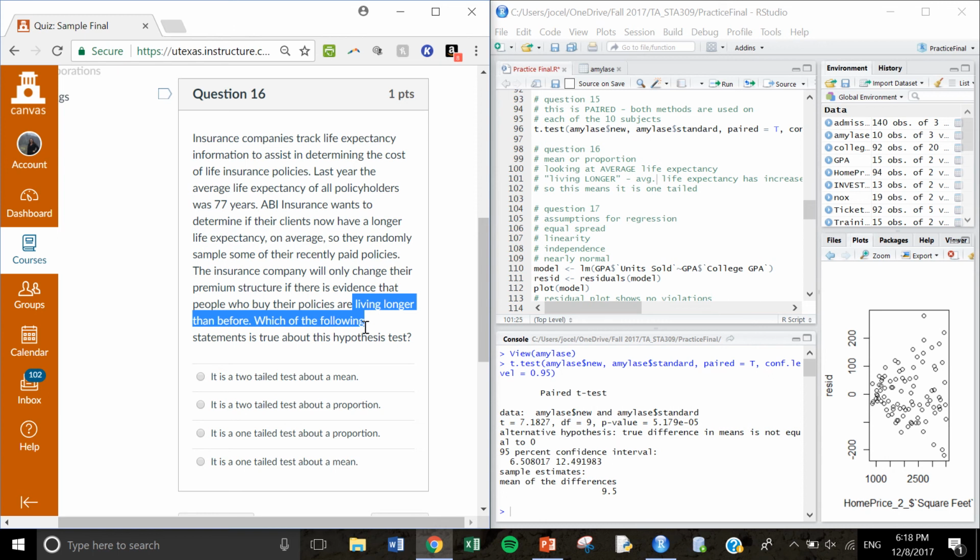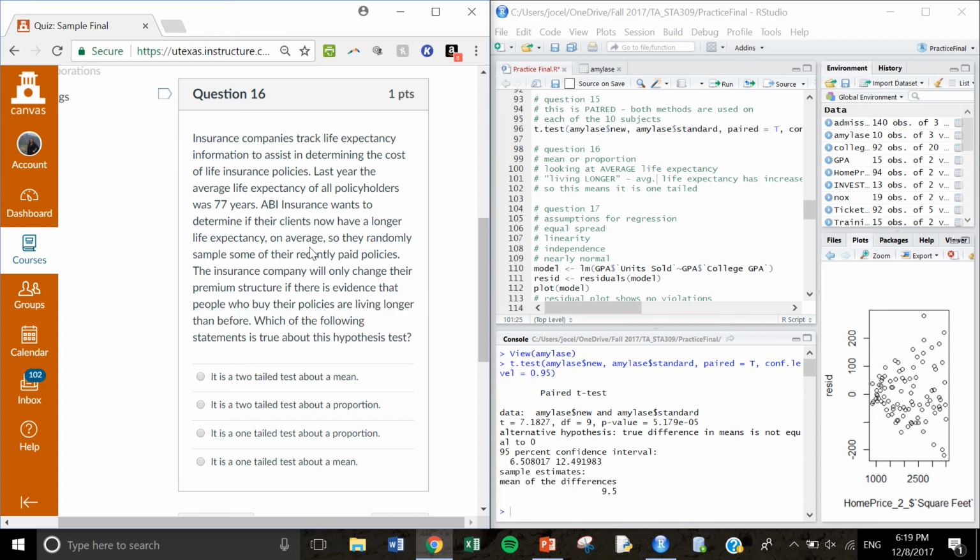Is this a two-tailed test or is it a one-tailed test? Is it about a mean or is it about a proportion? We know that this is about a mean because we're trying to see if the average life expectancy is different. So we can cancel out these two. And is it a one-tailed test or is it a two-tailed test? Are we seeing if they're different or if one is greater than the other?